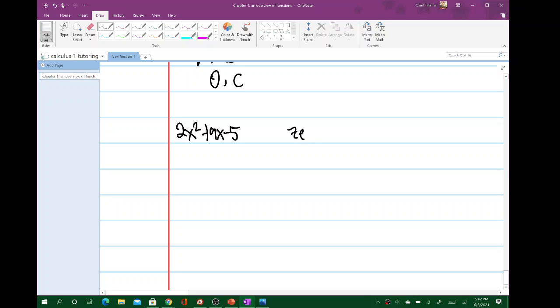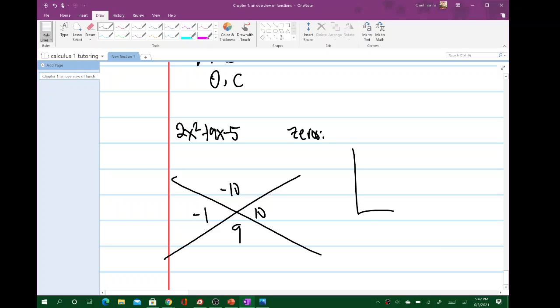If we do our x box, 2 times -5 is -10, and our b value is 9, so two values that multiply to -10 and add to 9 are -1 and 10. Then we do our box here, and this is always the ax squared term, so it's going to be 2x squared, and then we have -x, 10x.